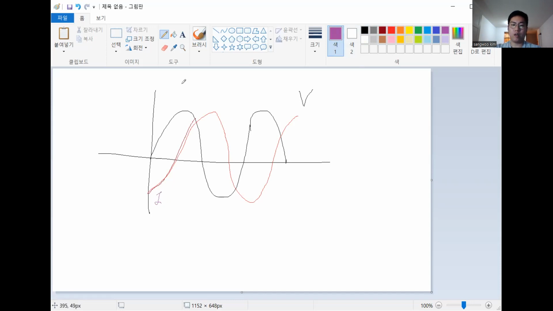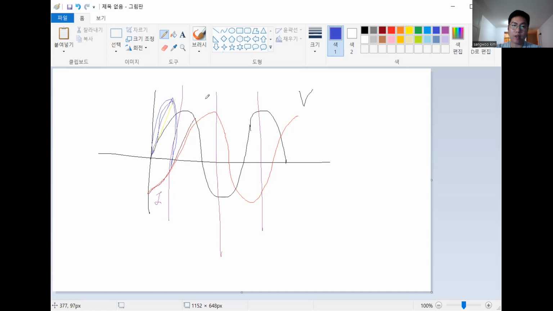It's kind of messy. I just want to explain here. Look at that. So now here I is the minus part, right? But V is the plus part. Blue is better.